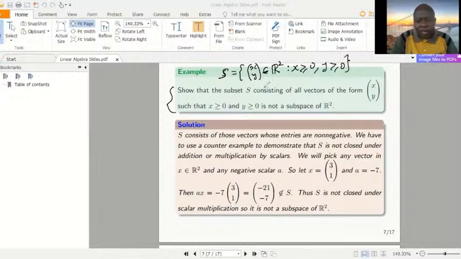So it means the same thing, and you need to know the various ways you can write a set. You must have learned that before, that you can write a set either by listing the elements or by this. Now, it's okay the way it is. What is important here is the condition given to us is that x must be greater than or equal to 0 and y must be greater than or equal to 0. That is the condition given to us here.